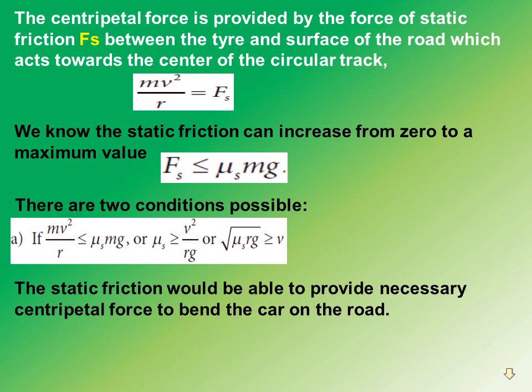Here you can see in this picture the motion of a mass along a circular path. The static friction would be able to provide the necessary centripetal force to bend the car on the road.